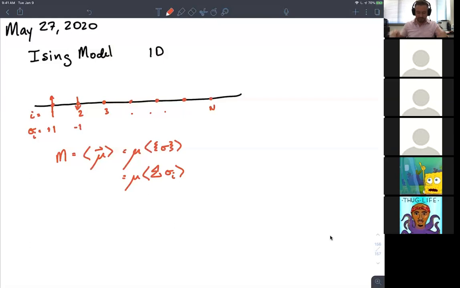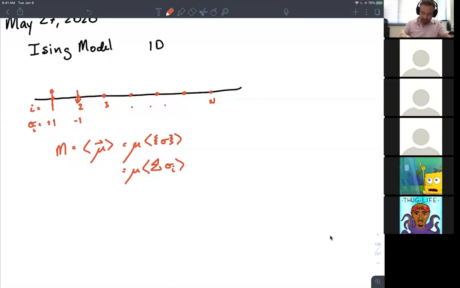So this is the magnetization, and it is a function of the applied external magnetic field, B, and the temperature, T.